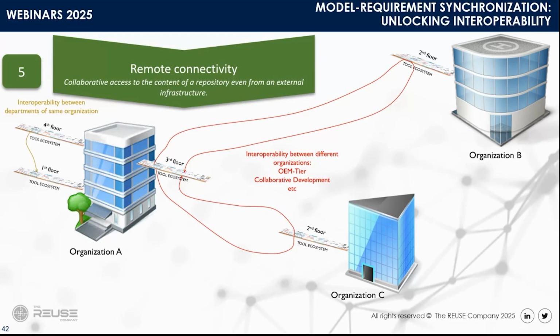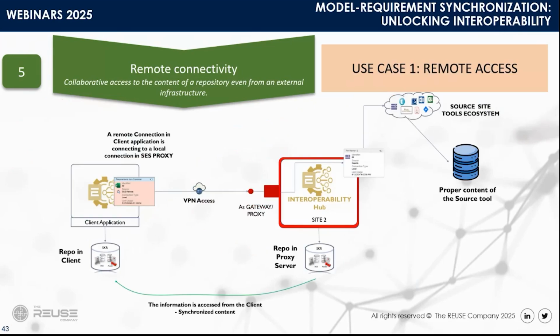But eventually, we need to enable what we call a remote access. So in that case, we would create a gateway for external clients to access tools and connections that might not be available on client side, which means I could run the connection using the gateway and run a Capella model that would be run on server side.